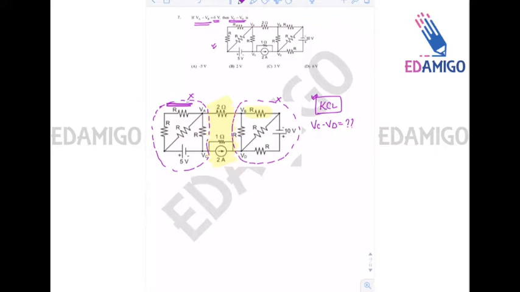But KCL means incoming current is equal to outgoing current. Okay, so this is applicable at a node also. That is, if we have a node, then incoming current is equal to outgoing current. So I have a node and many branches are connected to it, so I can easily find KCL.